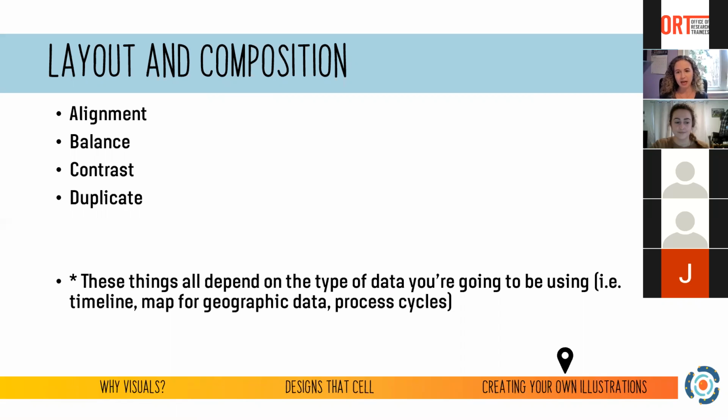So for instance, if you're showing how something is changing over time, it's great to use a timeline in a linear fashion. Whereas if you're trying to show differences in geographic location, then it's a great idea to use a map. So no matter what kind of general layout you're using, the ABCDs will apply to all of them.